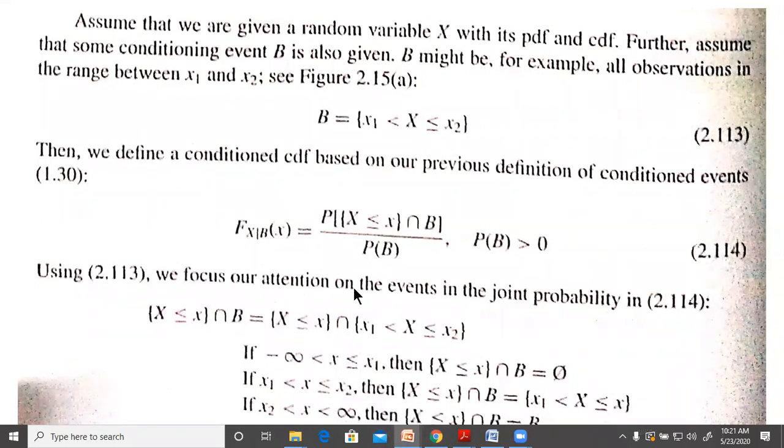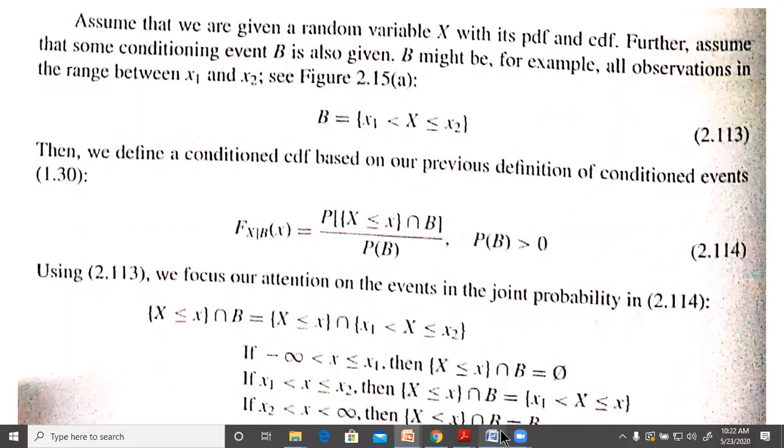Now, if X is greater than x2, then X greater than x2 means it covers all the ranges that are possible here. So we will get directly this value itself, and that is B itself. {X less than or equal to x} intersection B, because it covers all of B, we'll get B itself.